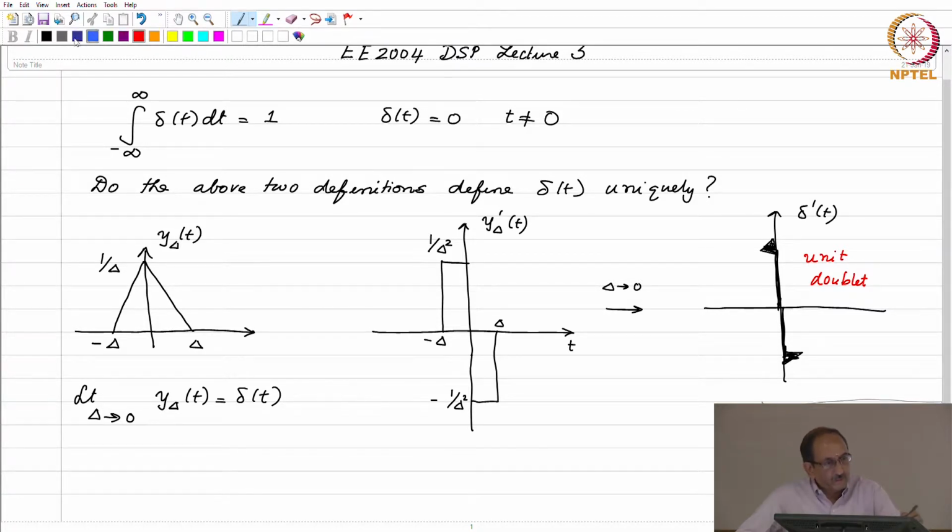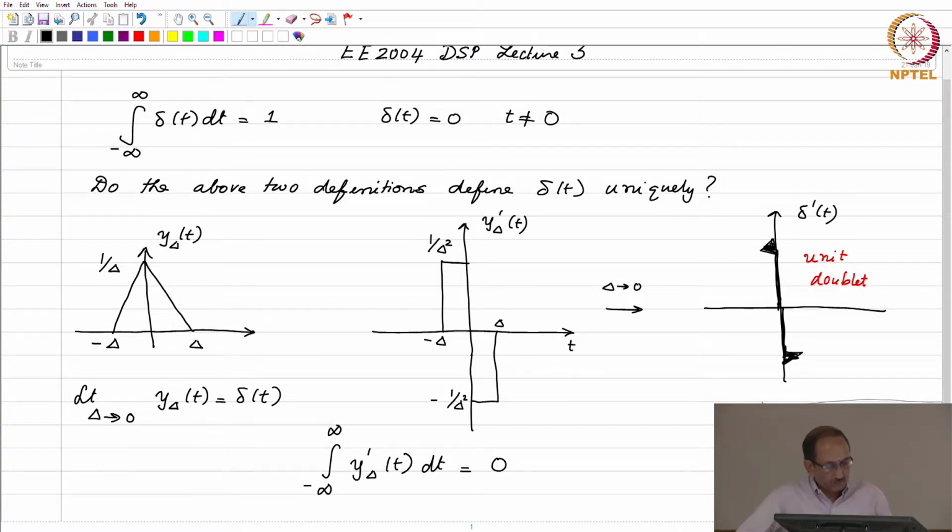Now clearly, for y dash delta of t, the area is what? It is 0.